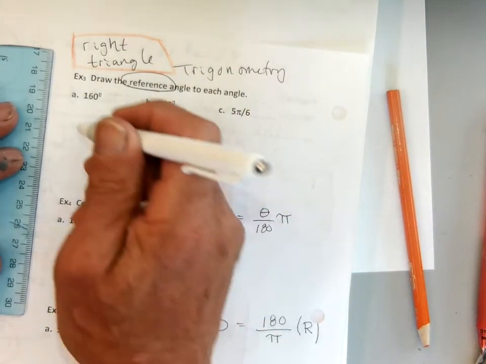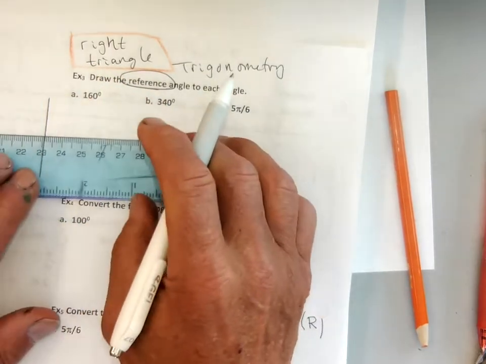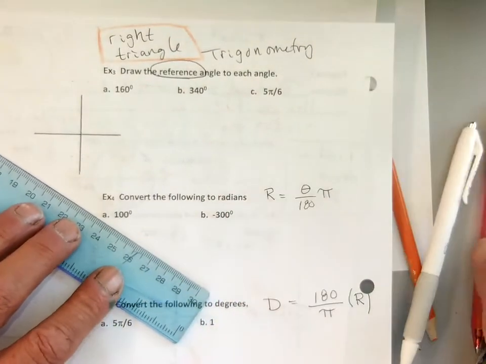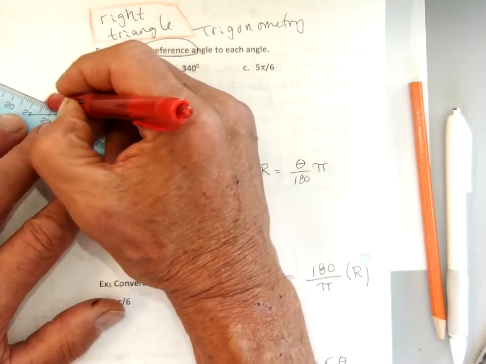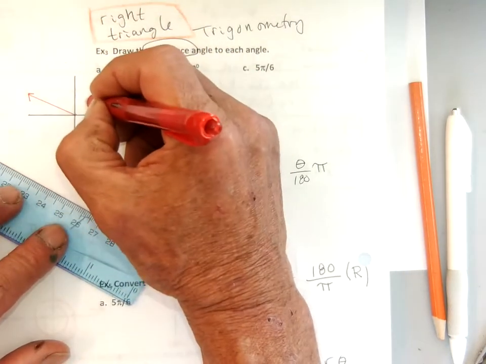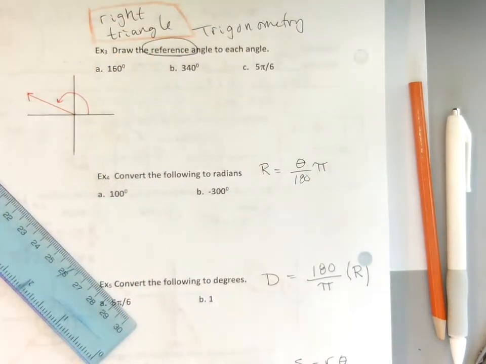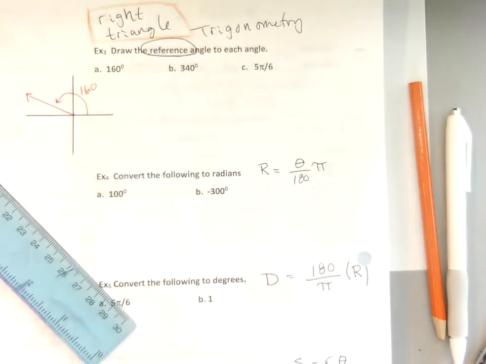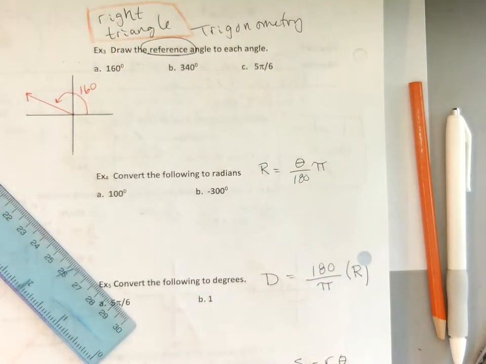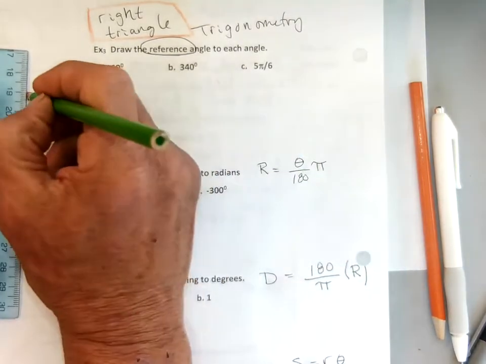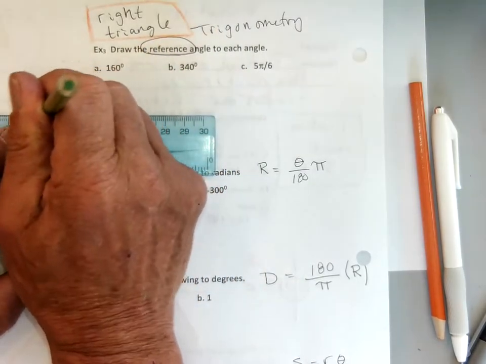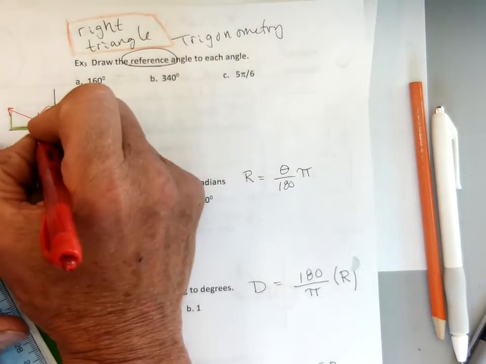The picture is actually really helpful on these. 160 degrees is about here, right? But that's not a right triangle. But here's a right triangle. Do you see my right triangle now? That's my reference angle. My reference angle is the 20 degrees.